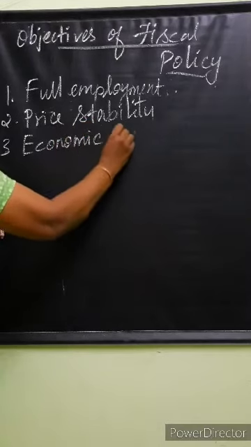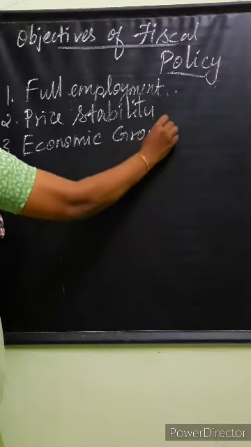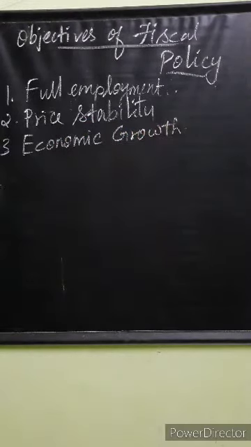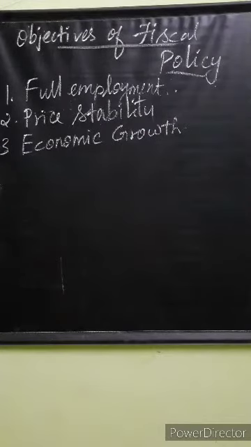Third one is economic growth. What do you mean by this? Why are we using these fiscal policies? Why do we have monetary policy and fiscal policy in economics? Why do we need them?